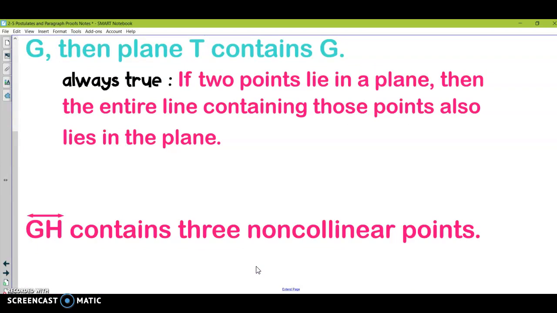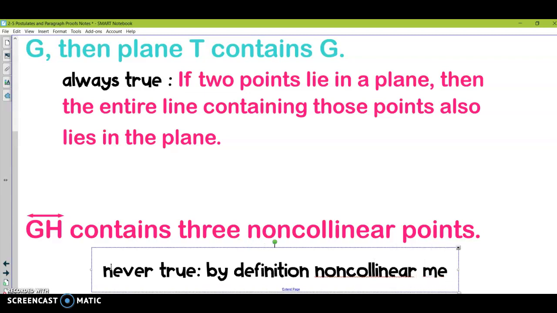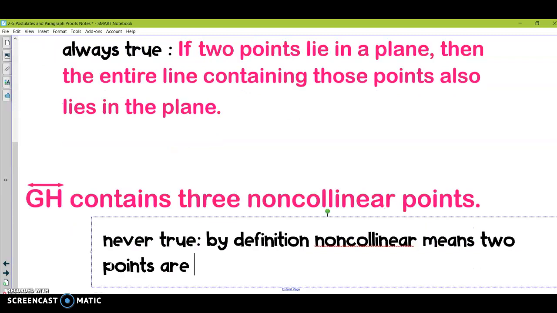Here's another example. Line GH contains 3 non-collinear points. Well, that statement is never true because by definition, non-collinear means that they're not on the same line.